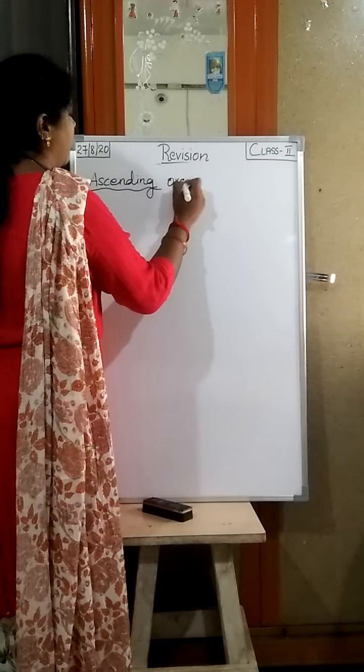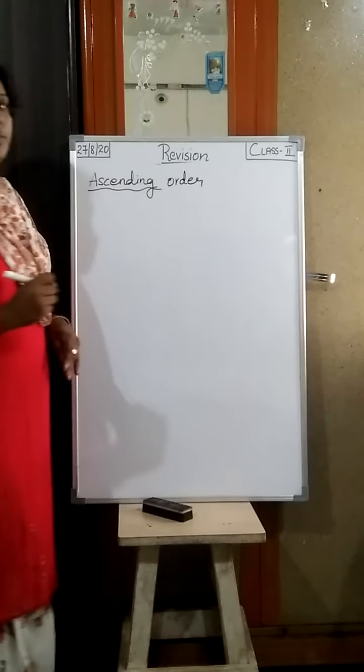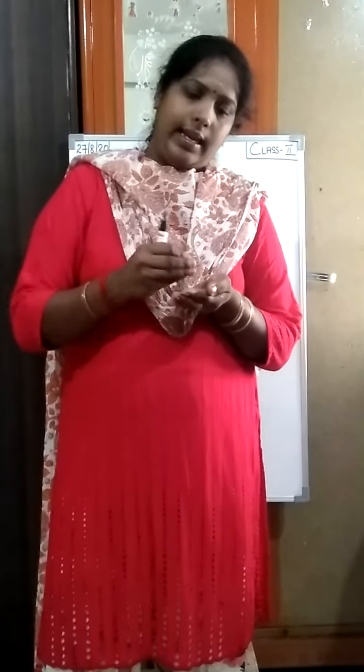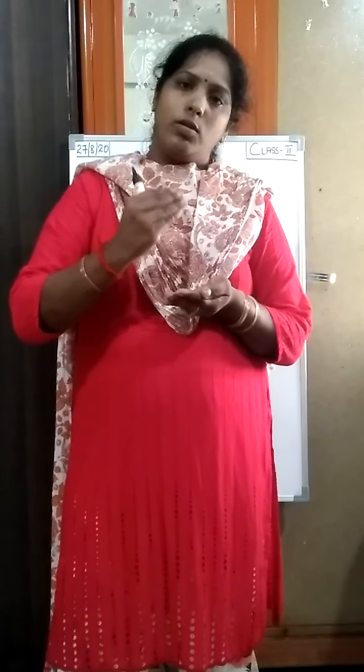Ascending order means small to big. So you can see, what you will see, a small plant. When we plant a seed, day by day it will be growing from small. Then at last it will become a big tree.